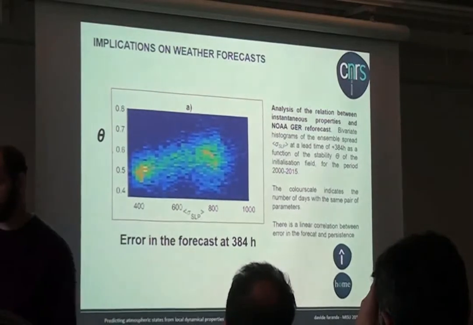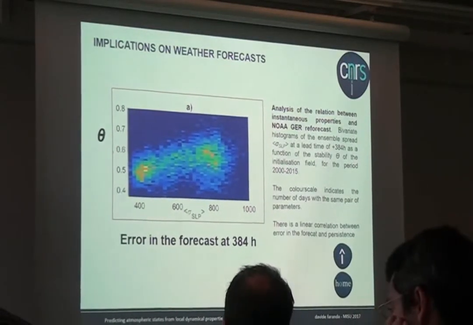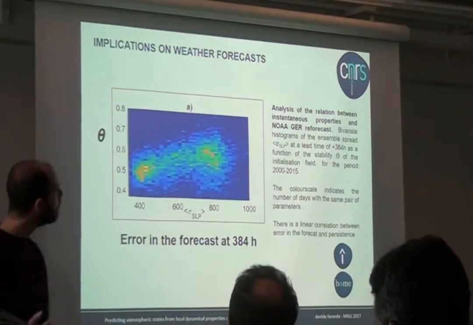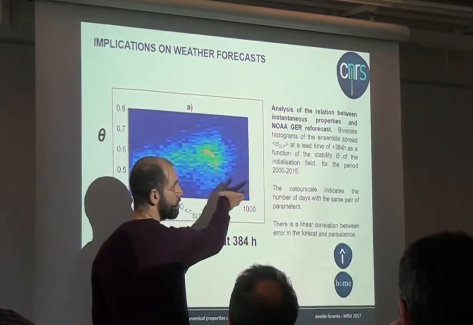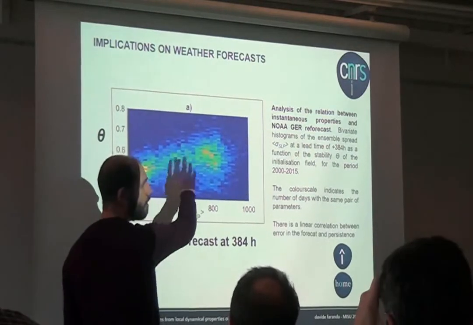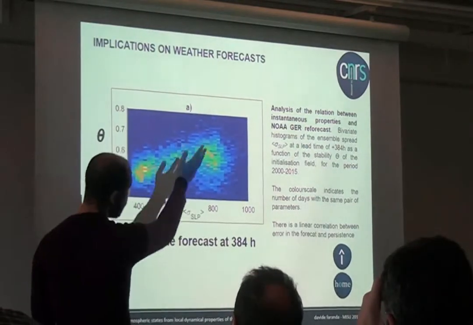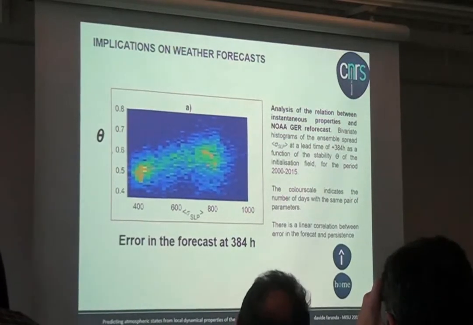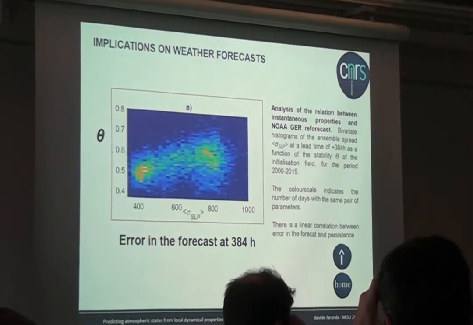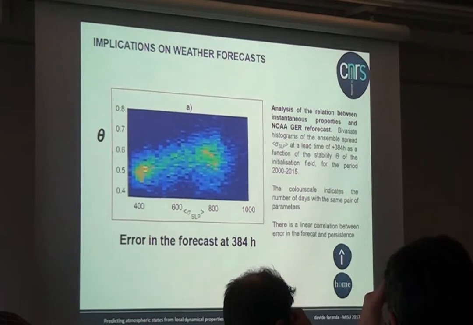But this is the error at the end of the forecast, and it's the same if I show you 96 hours or 48 hours. The problem is that this reforecast tends to have the error cluster either at relatively low or relatively high values, with almost nothing in between. We would like there to be some kind of relationship. We know there should be a relationship from dynamical system theory, because the dimension is a measure of the unstable directions, and I think we will study this problem with Gabriele next.